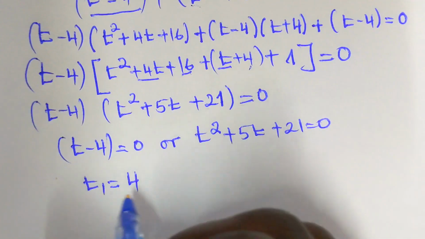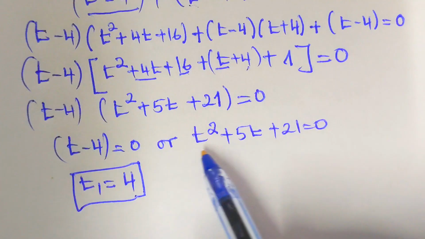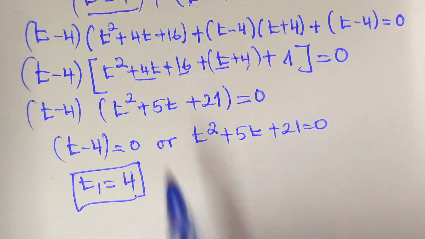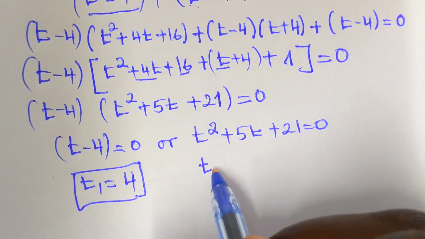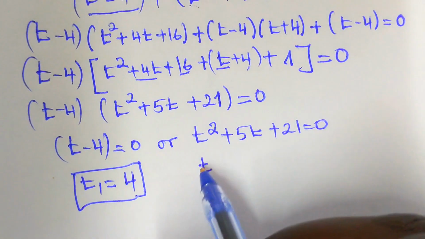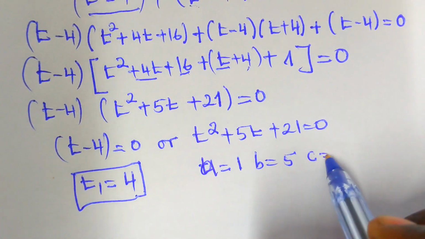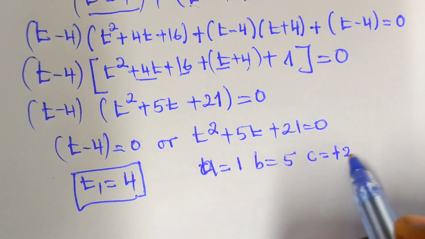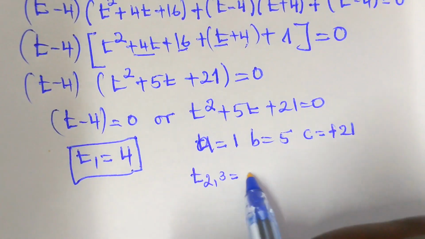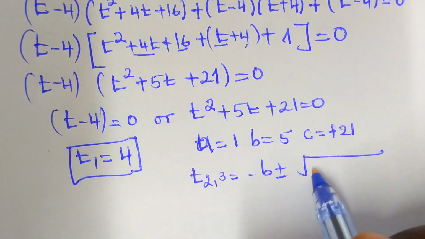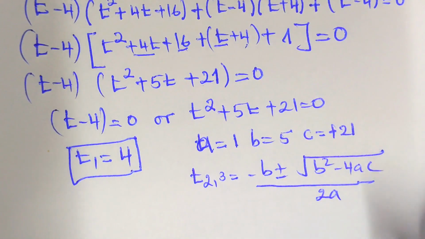So t1 equals 4. And we have to find the other roots at this stage. Because this is a quadratic equation, a equals 1, b equals 5, and c equals 21. The roots are t = (-b ± √(b^2 - 4ac)) / 2a.